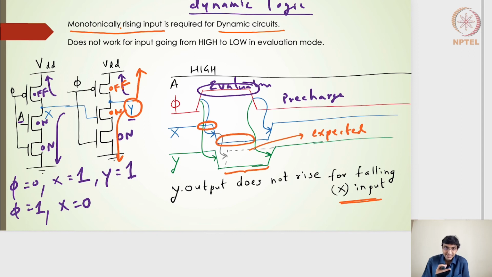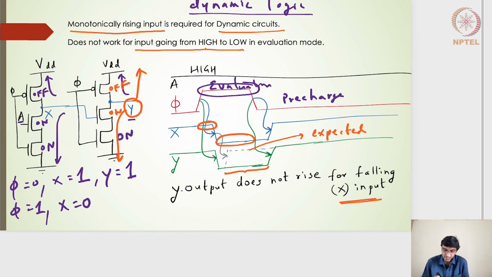So it works only for the rising input. It doesn't work for the input going from high to low. If the input is high for some duration and then goes low, then during the duration when it is high, almost all dynamic logic circuit families will go to 0. And once it hits 0, it doesn't know how to come back to 1.